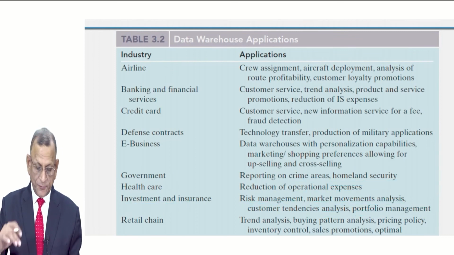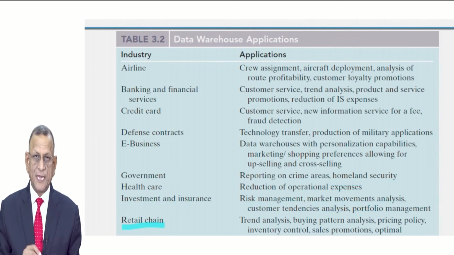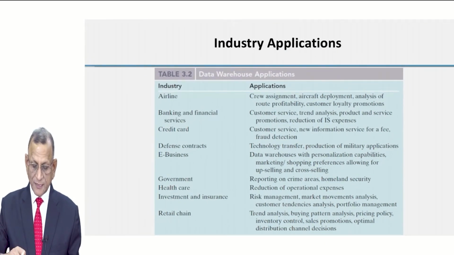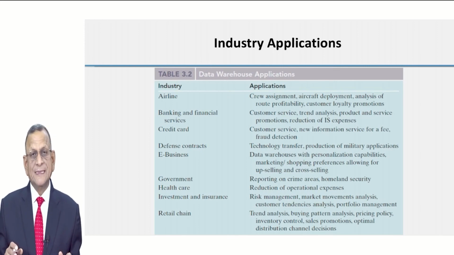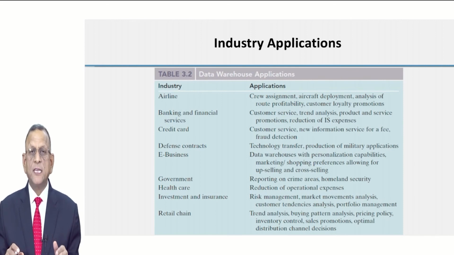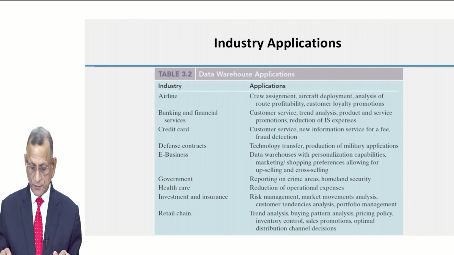And finally, for the retail chain like Big Bazaar, trend analysis, buying pattern analysis, pricing policy, inventory control, sales promotion, and optimal utilization of funds. This all is something, friends, known as big data analytics and business intelligence for any industry or business.